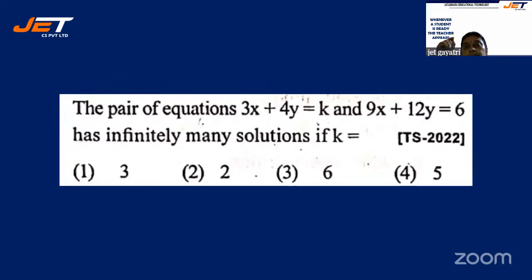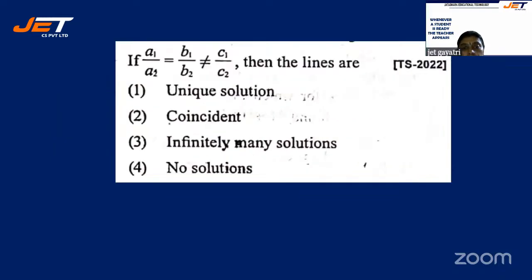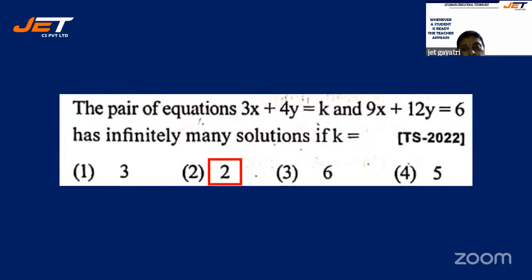This question has been asked in the year 2022. The pair of equations 3x plus 4y is equal to 4 and 9x plus 12y is equal to 6 has infinitely many solutions if k is equal to dash. How do you find out that it has infinitely many solutions? Yes, let's see the answer. It is 2 if k is equal to 2. How?